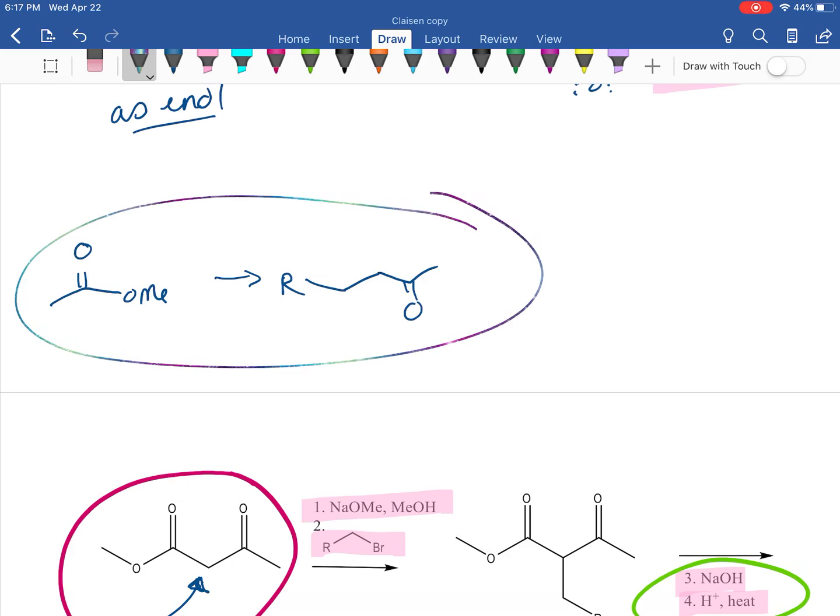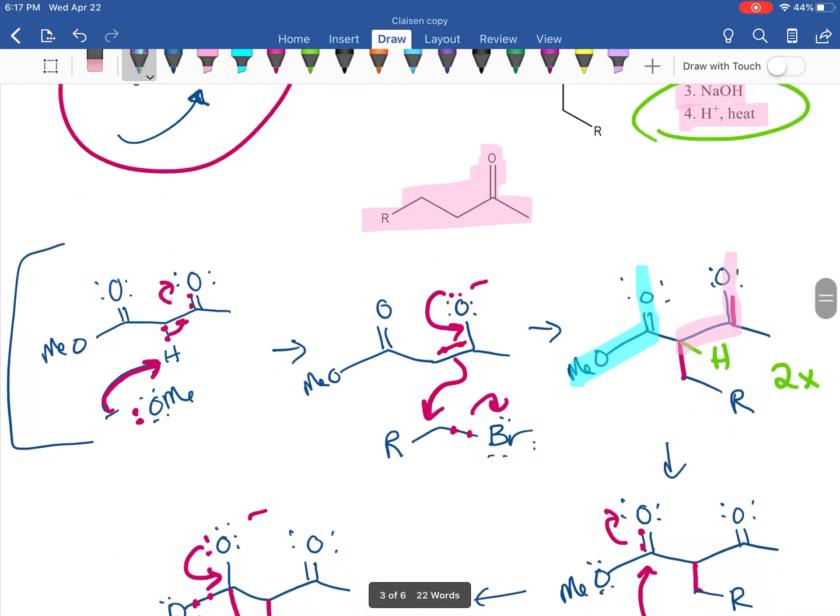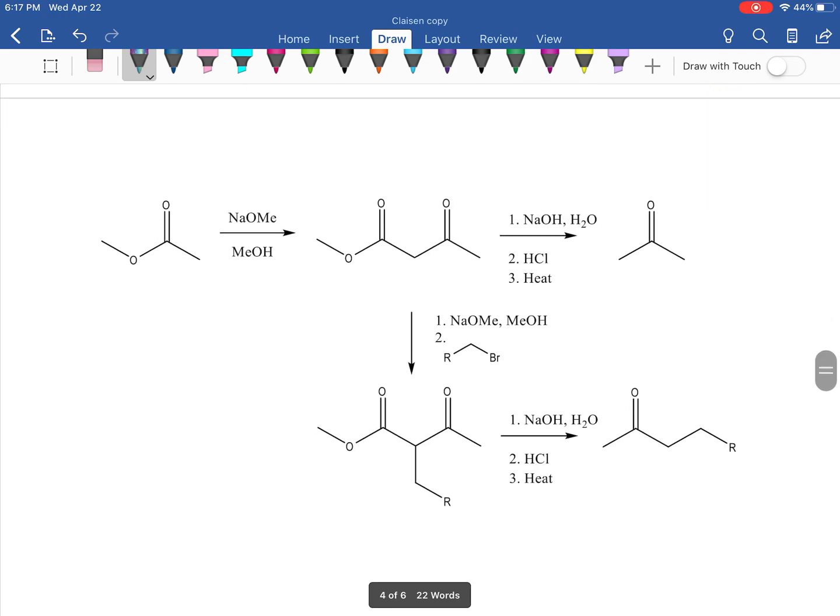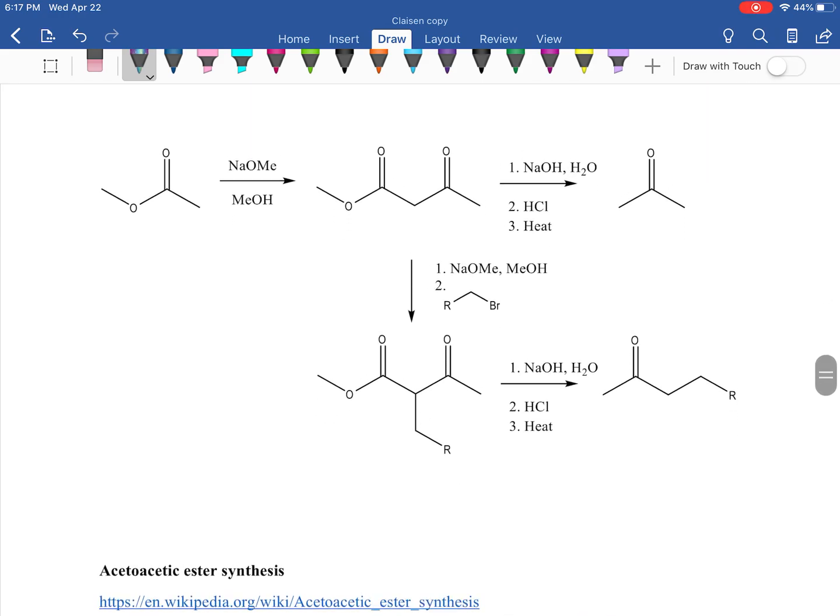If we really wanted to be crazy about it, we absolutely could do that. Isn't that incredible? So what we're looking at is actually 3 different named reactions. We're looking at the acetoacetic ester synthesis, and we're looking at the malonic ester synthesis, and we're combining them. And so that is what's in my web links here that we're getting to.